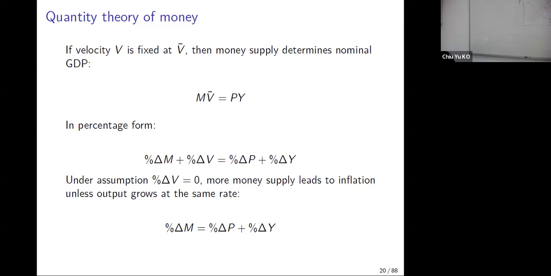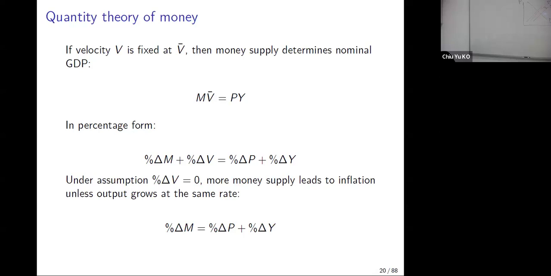How fast your money grows only leads to two things: the price and the output. And the classical economists would think that in the long run, your output is not going to change.